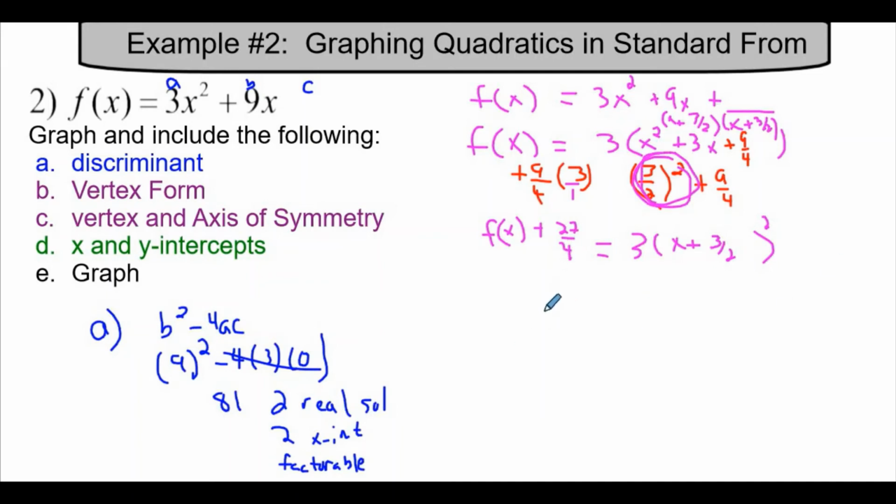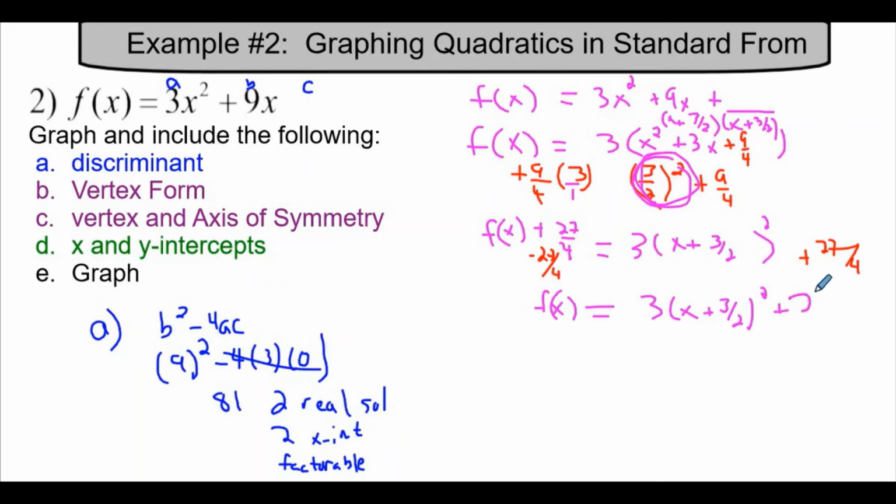All right, so then we just move that over. So f(x) is equal to 3(x + 3/2) squared. And then to move this over, we're going to subtract 27/4 over to the other side.